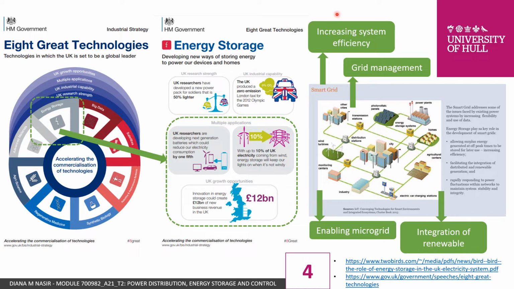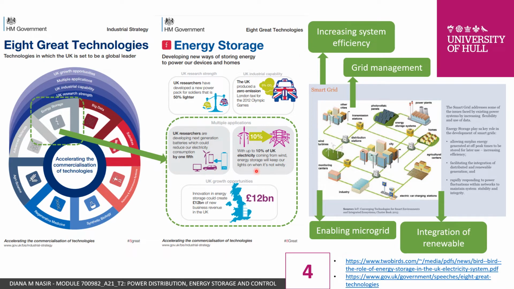The UK government guarantees about 12 billion pounds of new business revenue will be created based on the innovation of energy storage, and there will be more development of generation batteries planned by the government, which possibly reduces the electricity consumption by 1/5.